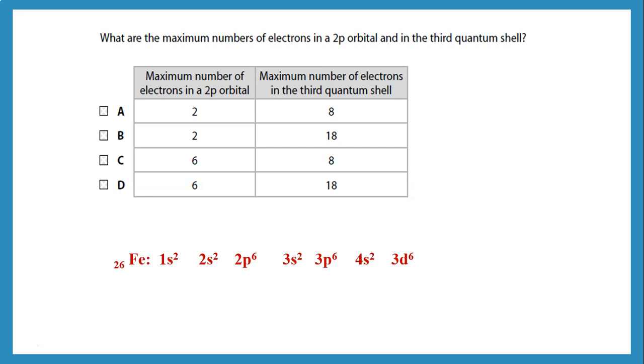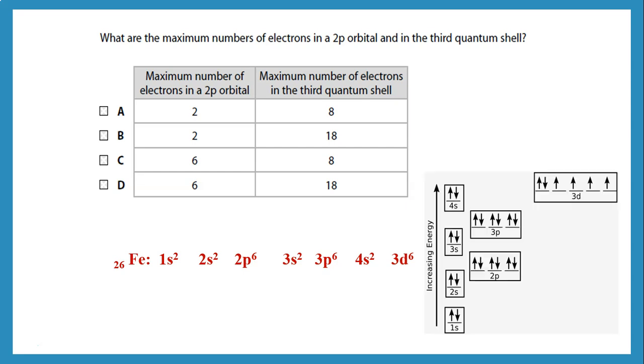The 2p subshell can take up to 6, but the 2p actually has 3 orbitals. Each orbital can take only 2. So he's asking for how many electrons in a 2p orbital. I can put only 2 in any orbital. So C and D are wrong.